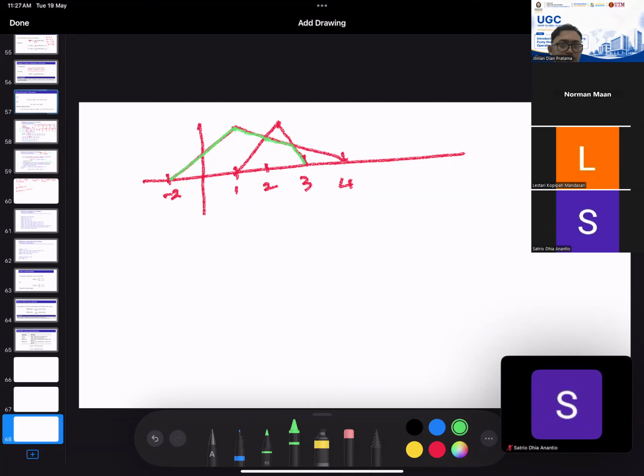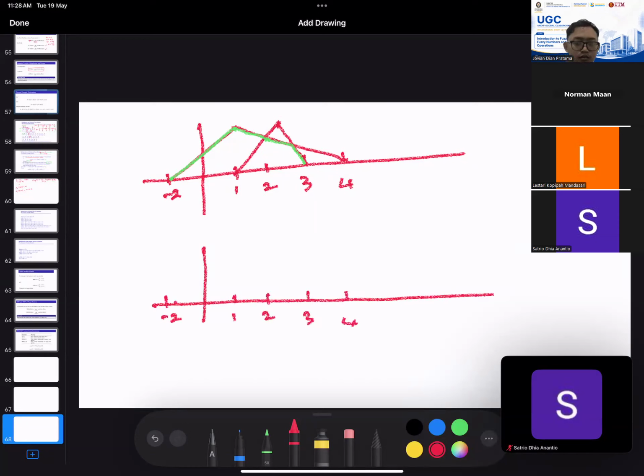Maybe you can see the difference: -2, 1, 2, 3, 4. The same diagram we showed to you. Let's say this is A and B. You will get 0, and then something like this, and something like this, then finally we get this one.